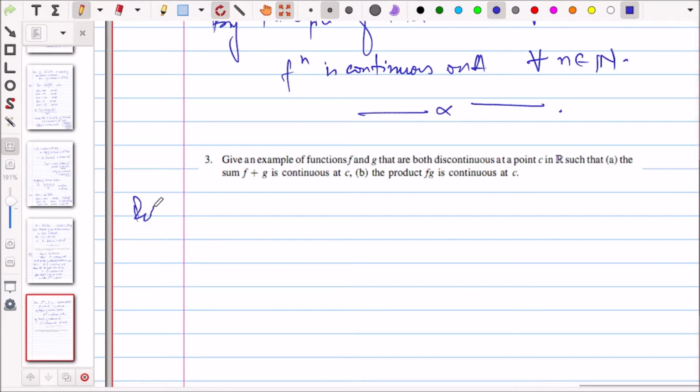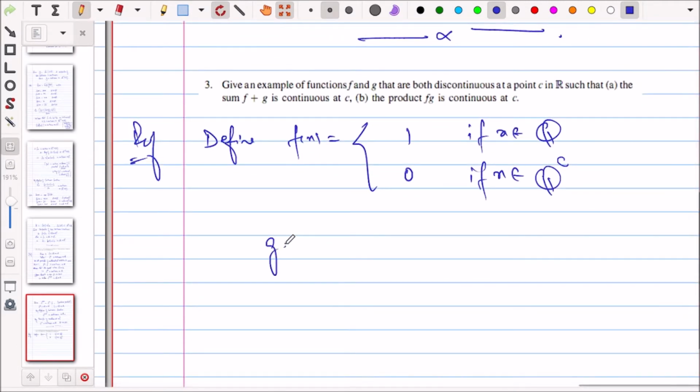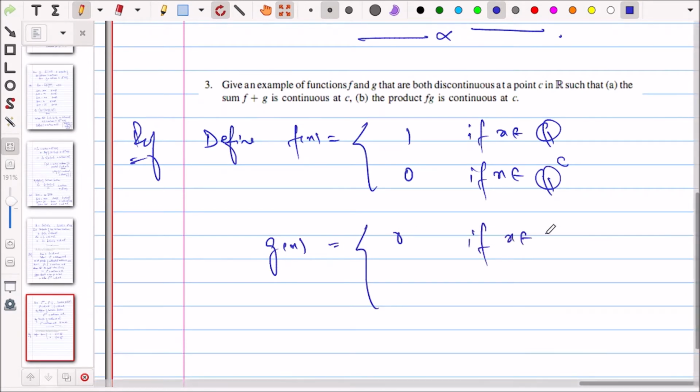So proof: you can take Dirichlet functions for both f and g. Define f(x) equal to 1 if x is rational and 0 if x is irrational, and define g to be the opposite of this: g(x) equal to 0 if x is rational and 1 if x is irrational.